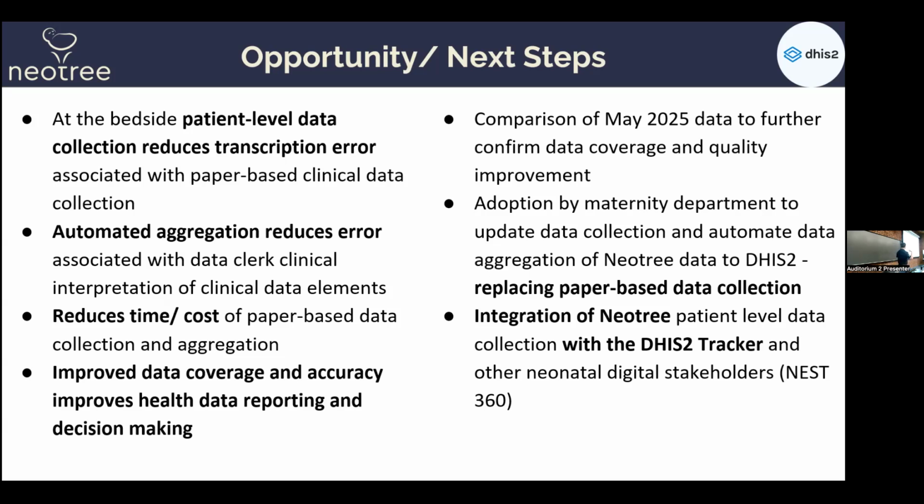And we would see that automated aggregation reduces the error of transcription and also interpretation error. It reduces the time and cost, so we can get rid of, or we can reassign data clerks to other tasks, and we improve data coverage and accuracy, which helps with decision making.